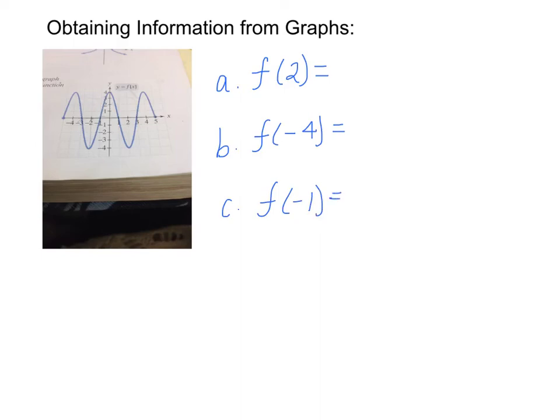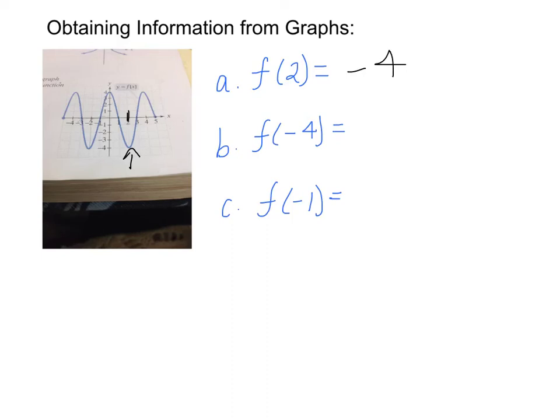So what that means, remember, x, the 2, is your input. So you look on your graph to where x is 2, and you want the y value that corresponds to it, which is negative 4.